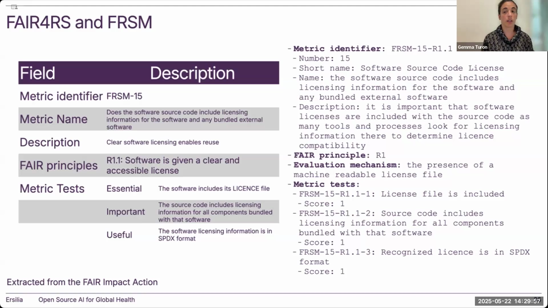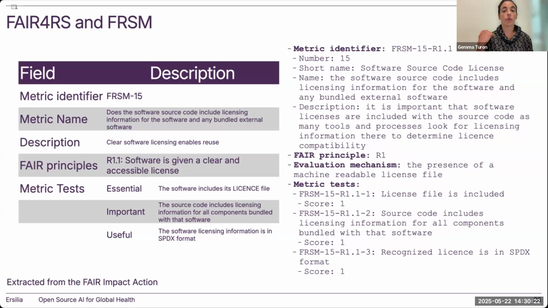Because it is important that licenses are included so that we know when a software can be used and reused. So it applies to FAIR principle R1, and basically it can be measured very simply. Is there a machine readable license file? So if we are talking about a GitHub repository, do you have a license file at the root of the repository?